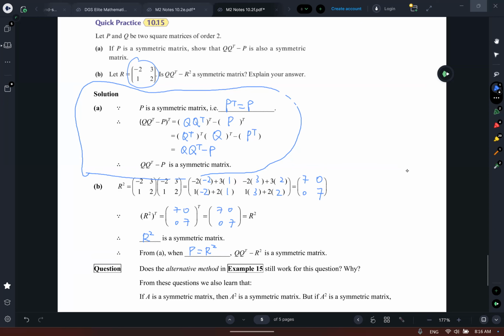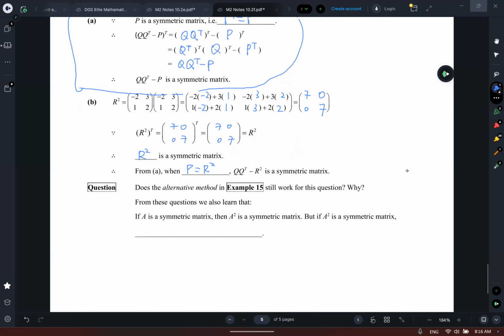But that is not the main thing that we learn. We learn something more about matrices: if A is symmetric, A squared is symmetric for sure. If you say it in this order, the conclusion is in this order. But you may think, does that mean A is symmetric if A squared is symmetric?